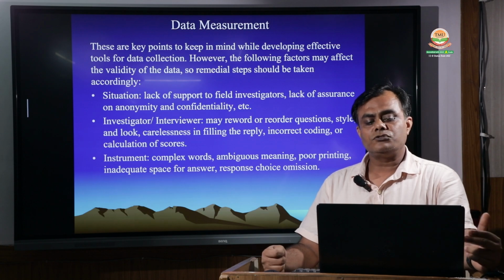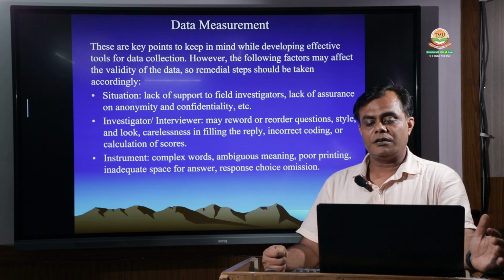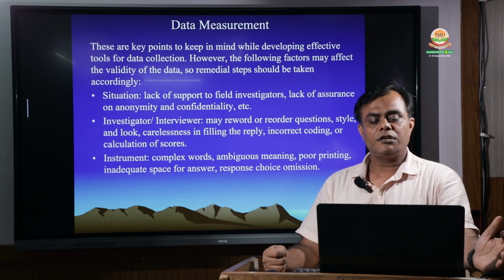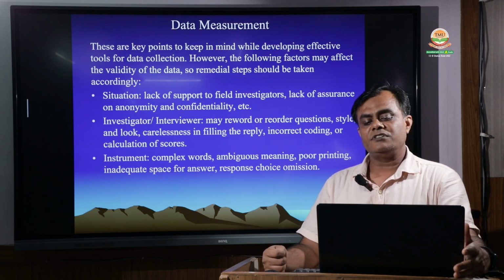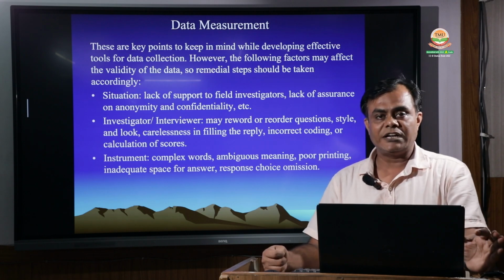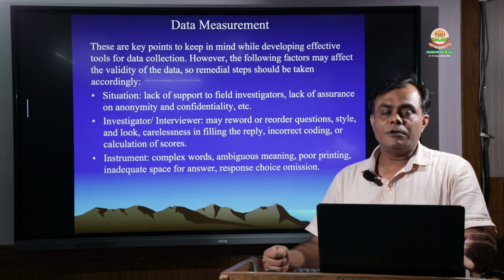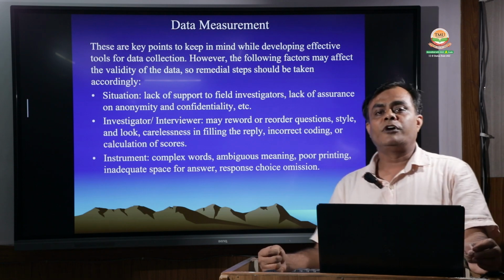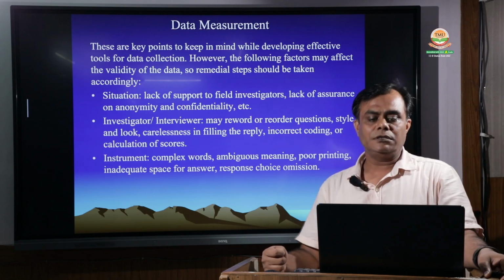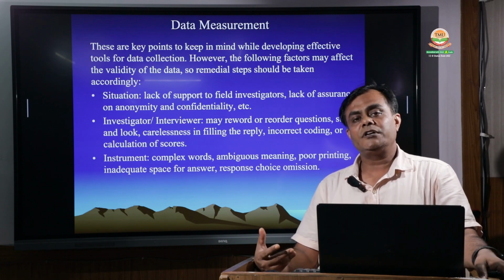Next is the situation: lack of support to the field investigator, lack of assurance of anonymity and confidentiality, etc. We have to go through these situations, manage them, and try to minimize the problems or limitations in the activities related to data collection.